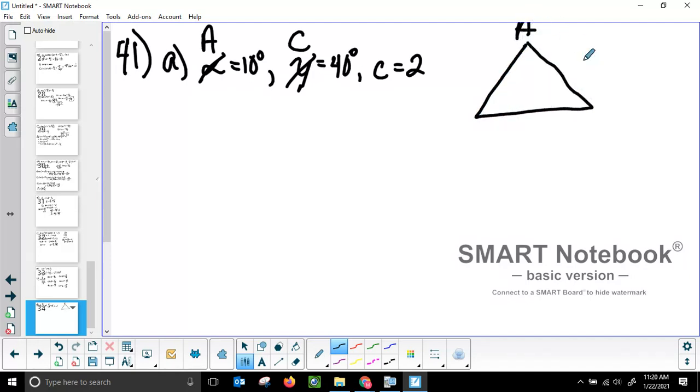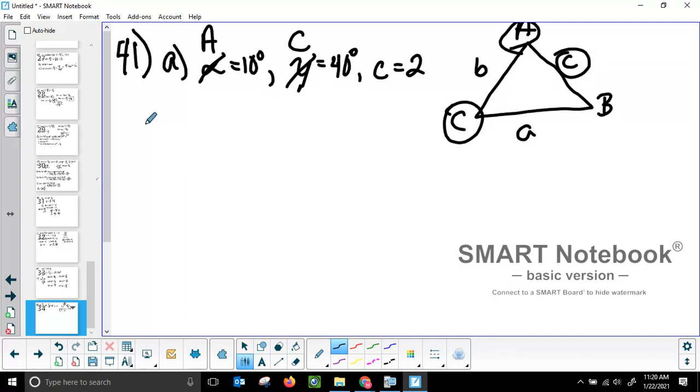if we have A, B, C, well, we're given A, we're given C, and we're given side C. So this is side, angle, angle, or angle, angle, side, which means we can just go ahead and use law of sines.